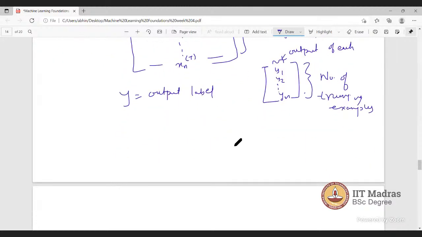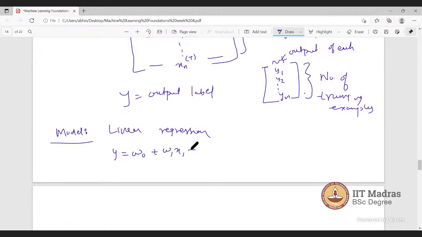The next thing is the model. So the regression model, in this case we are considering linear regression for week 2. The model will be something like this: y equals w0 plus w1 x1 plus so on up to wm xm.